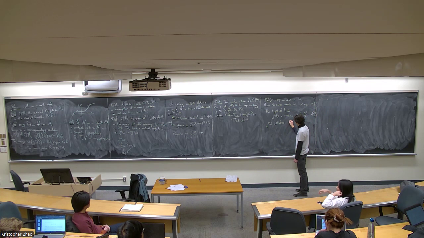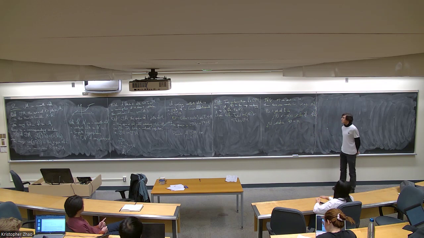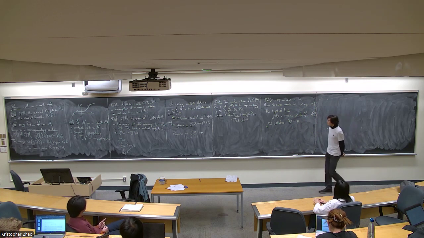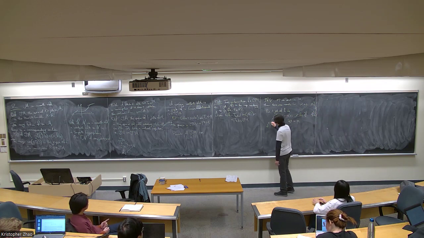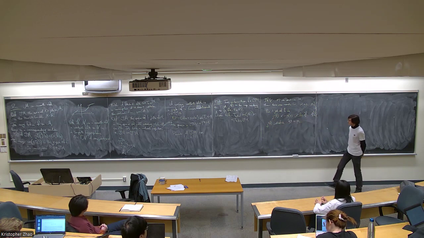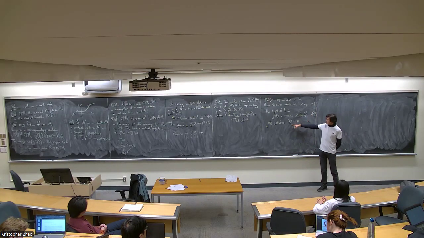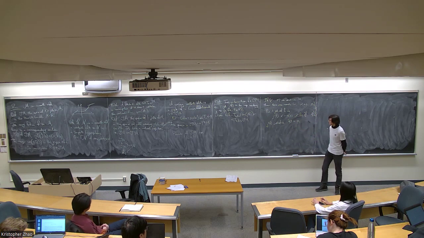So what's J1 of f again? First jet. So this function satisfies that this pi, this coordinate, is the derivative of this coordinate with respect to certain coordinates.